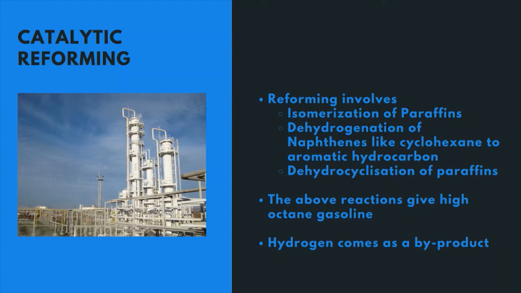All the above reactions finally result in high octane gasoline. Primarily the aromatic content in the stream is increased and hence the octane number is improved, and in this unit hydrogen comes out as a byproduct. So, this is the prime purpose of a catalytic reforming unit.